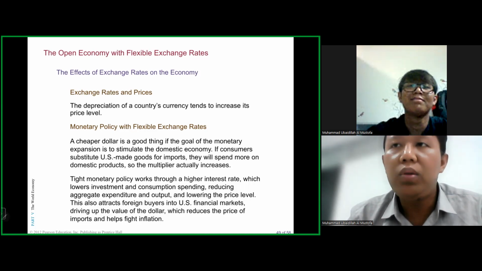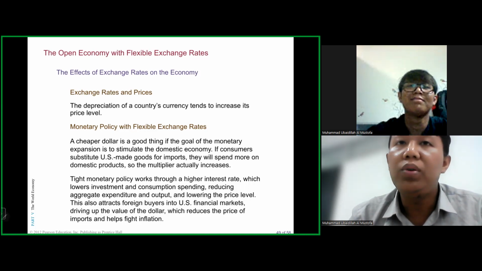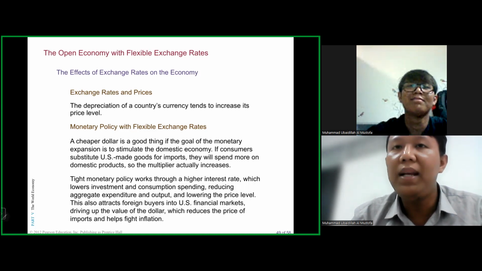This is related to monetary policy. It says that a cheap dollar is a good thing if the goal of the monetary expansion is to stimulate the domestic economy. So if consumers substitute US-made goods for imports, they will spend more on domestic products, so the multiplier actually increases. Tight monetary policy works through a higher interest rate, which lowers investment and consumption spending.